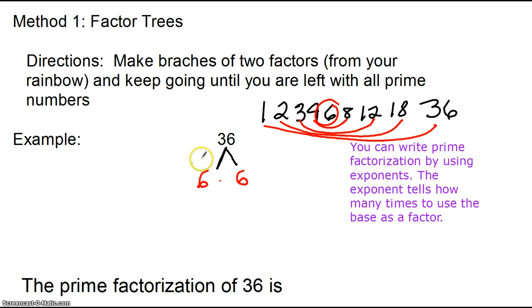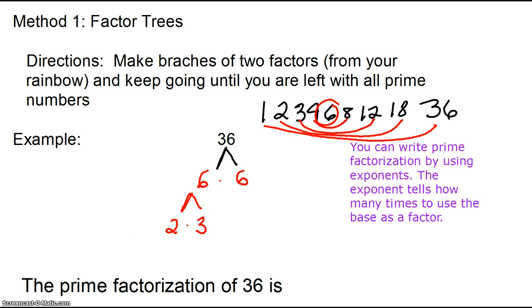But 6 is still a composite number, so I have to keep going until these are prime numbers. What times what is 6? It could be 1 and 6, it could be 2 and 3. I'm going to go with 2 and 3 because I'm trying to get prime numbers, and those are both prime.